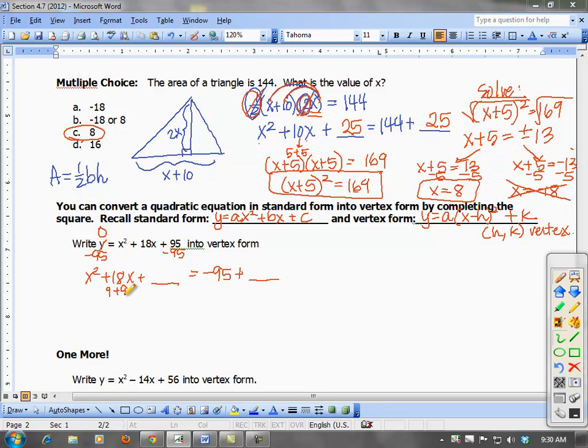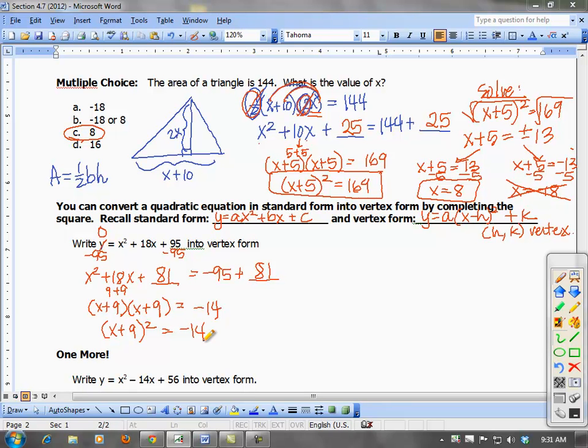Well, 9 times 9 is 81, so 81 gets added to both sides. And because I use 9 and 9, my two factors are x plus 9 and x plus 9, which equals negative 14 again. Boy. So I have (x plus 9) squared equals negative 14.